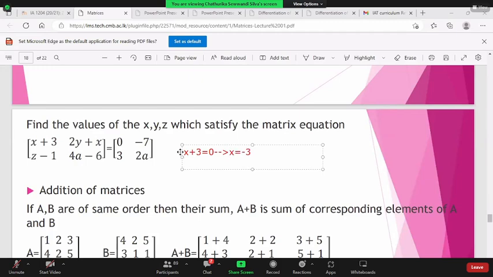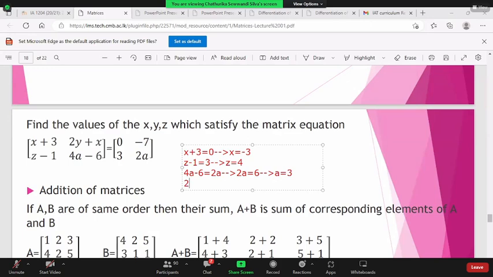Then z minus 1 is equal to 3, so z is equal to 4. Then 4a minus 6 is equal to 2a, so 2a is equal to 6. So a is equal to 3.